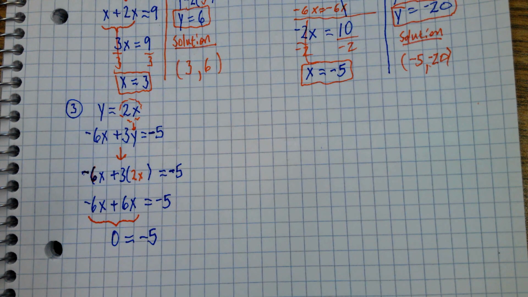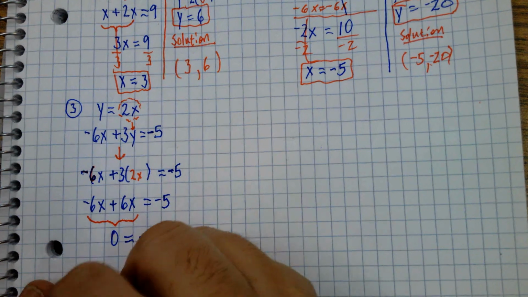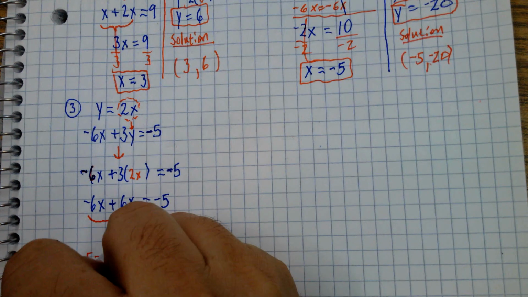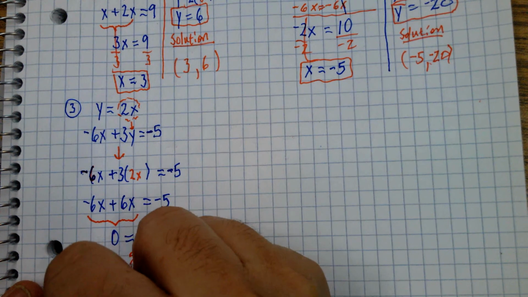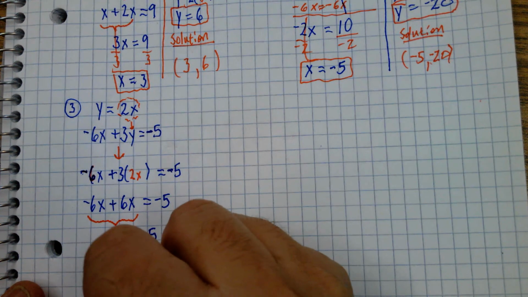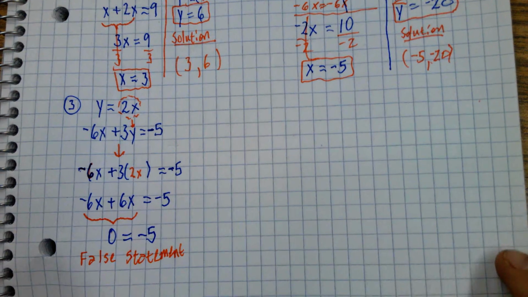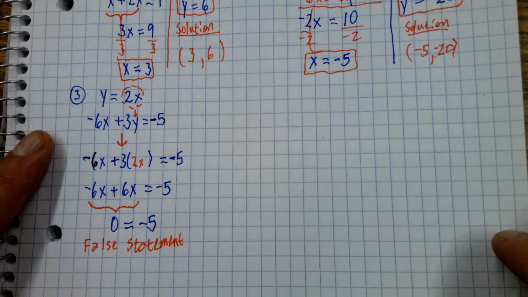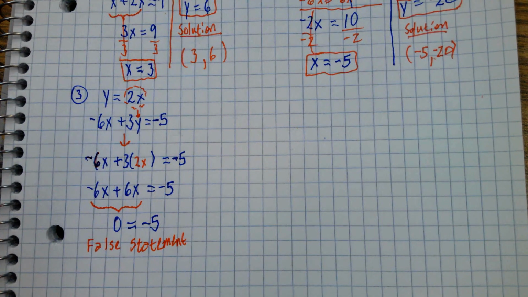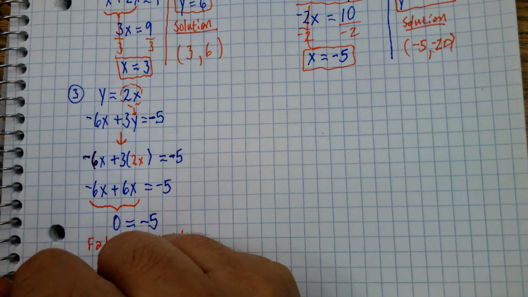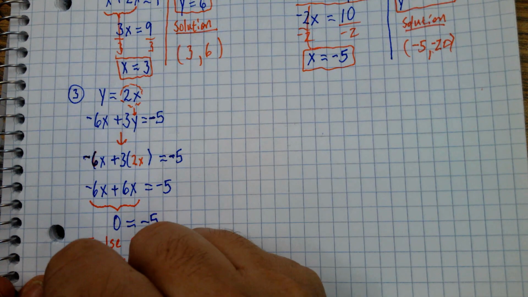It's not true. 0 equals 0, negative 5 equals negative 5. So this is a false statement. And whenever we end up with a false statement, that means, therefore, no solution.